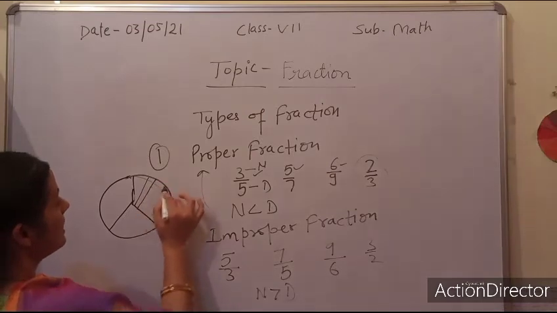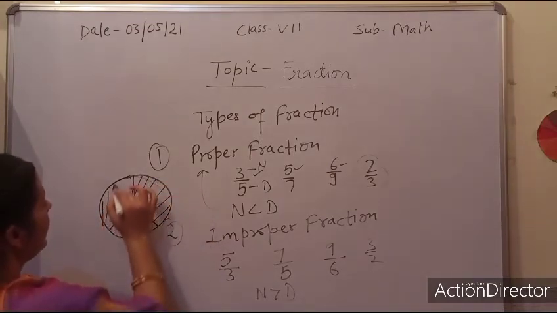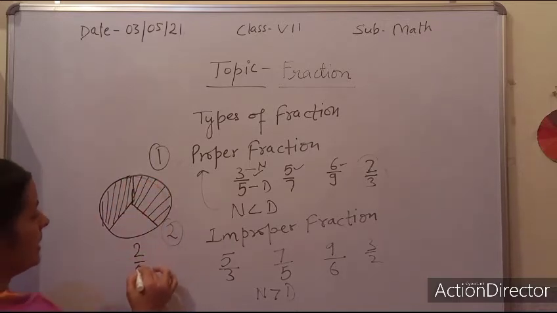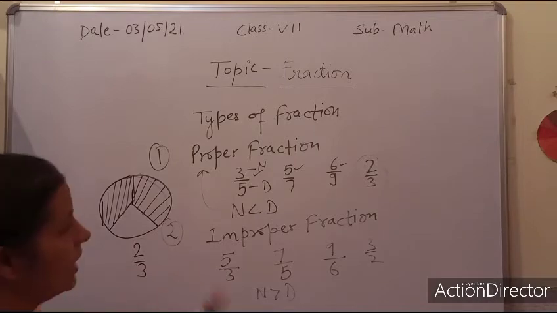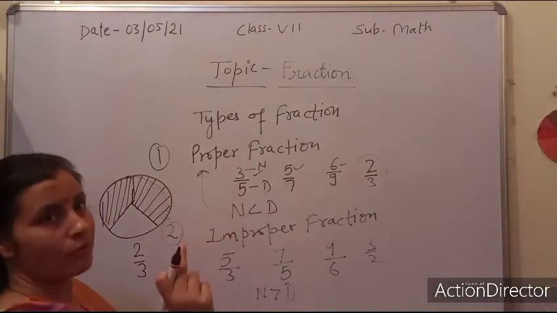Out of these 3 parts, I am showing with shading that I take only these 2 parts. It represents 2 upon 3. Understood? It makes you understand the concept of proper fraction.